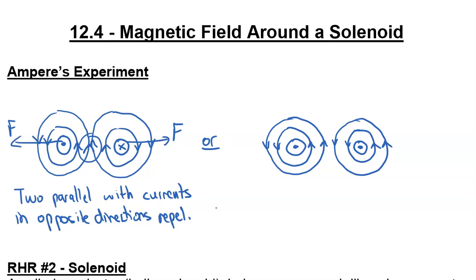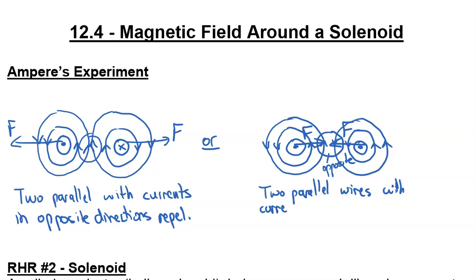Now you might be able to guess what's happening in the second case. Well, here we have these two magnetic fields in opposite directions. And what happens here is we actually get a force of attraction between those two wires. And so we could say that two parallel wires with currents in the same direction attract.